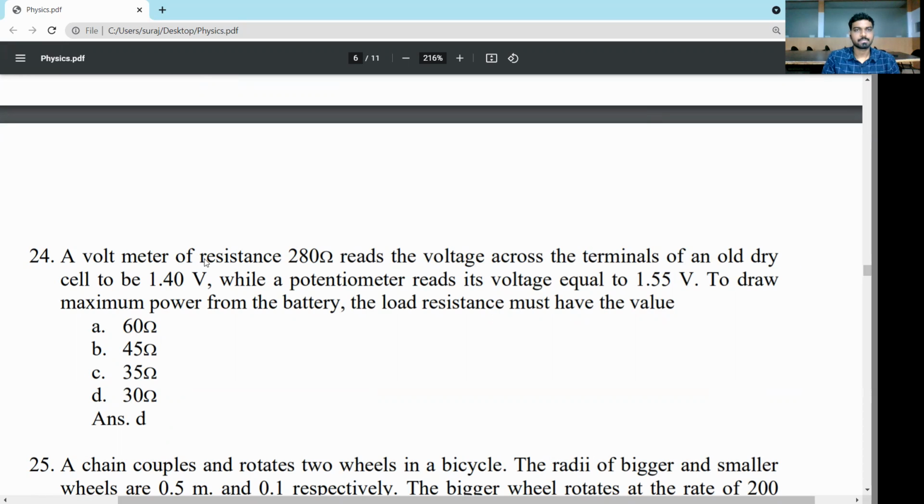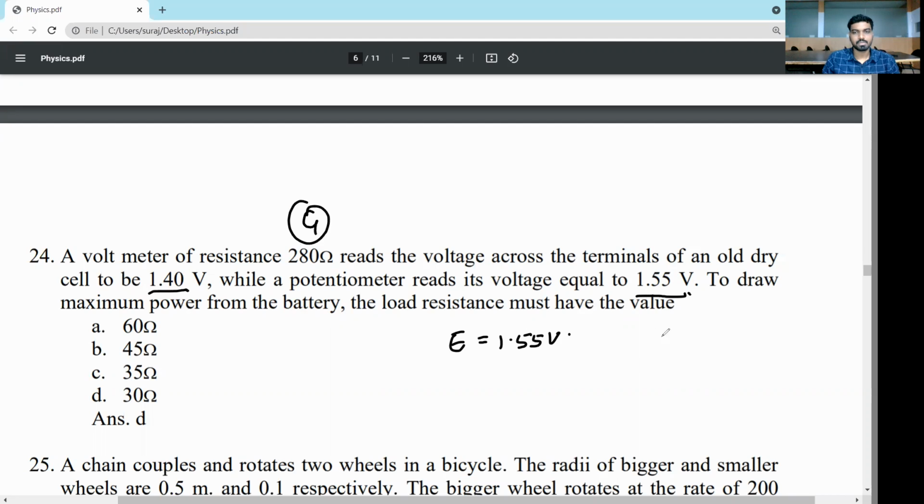If the potentiometer reads the voltage equal to 1.55 volt, that means the EMF is 1.55 volts. To draw maximum power from the battery, the load resistance must have the value.